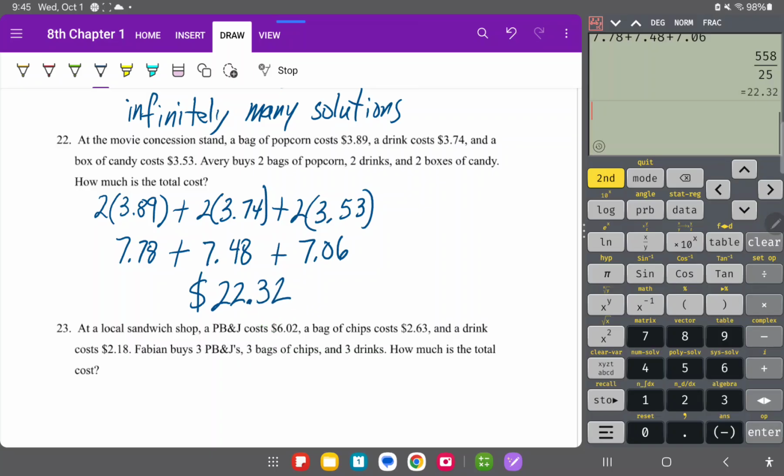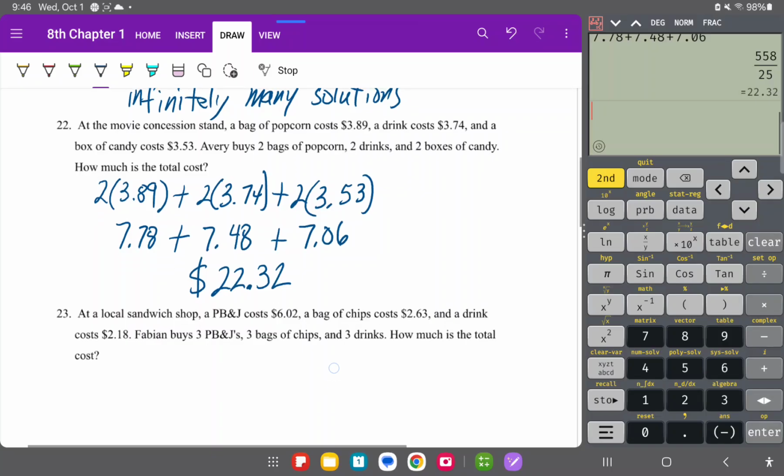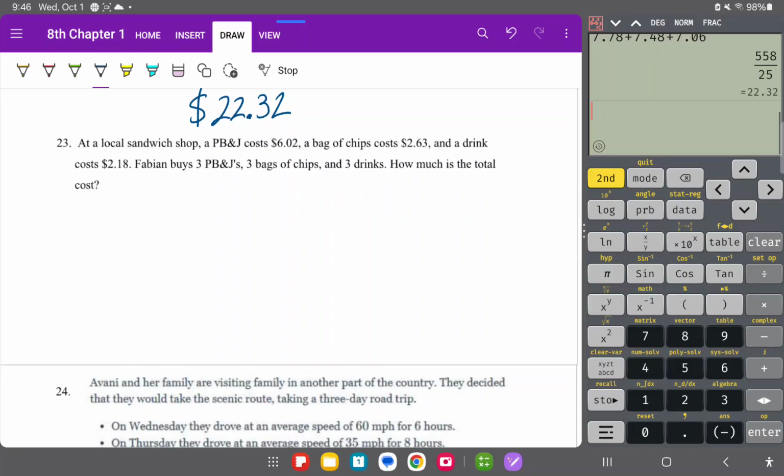Okay, can you do that again with number 23? Okay, so number 23, we have all of our costs. PB&J costs $6.02, bag of chips $2.63, and a drink costs $2.18. So Fabian buys 3 sandwiches, 3 chips, 3 drinks.